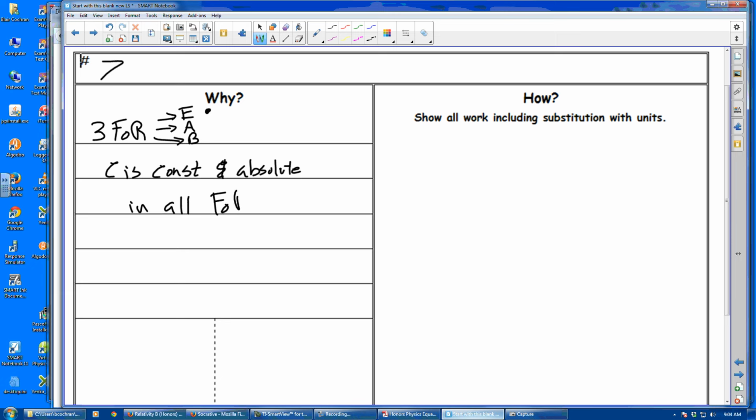Probably one of the best things to keep in the back of your mind, if you get an answer that says the speed is greater than C, you automatically know that it's wrong. All right? So it's good to acknowledge that that is the fastest it can go.